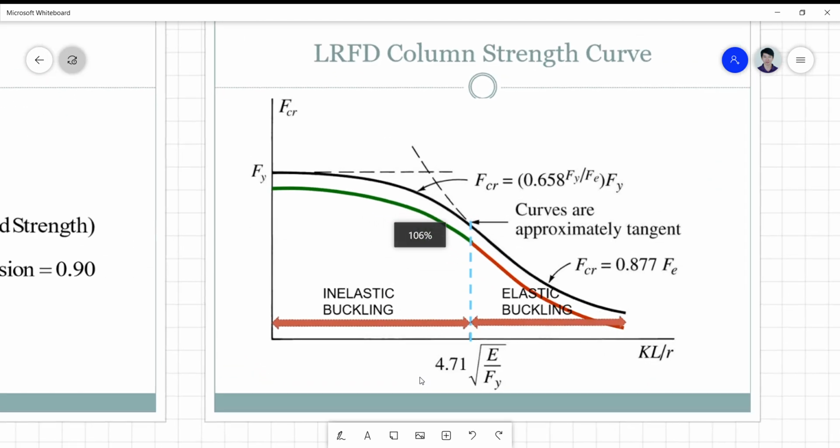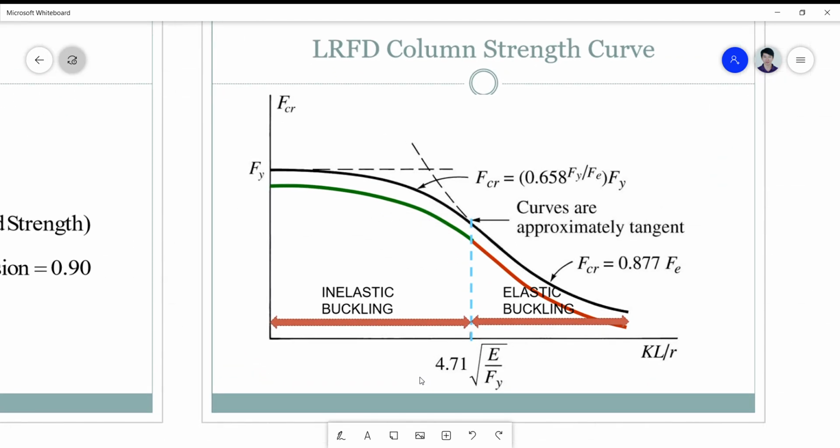And I have here a column strength curve on the basis of the AISC LRFD criteria. Okay, so this green and red here simply considers your reduction factor phi c. So it slightly drops from a higher capacity to a slightly lower capacity.